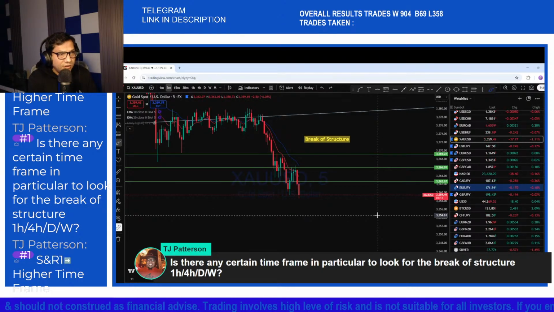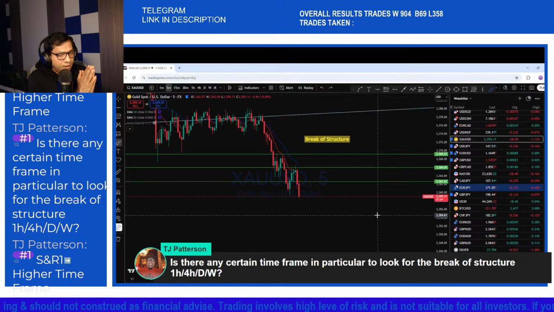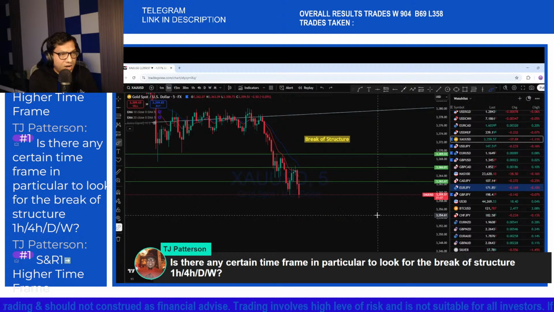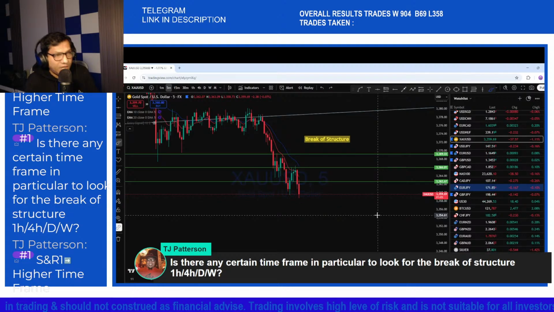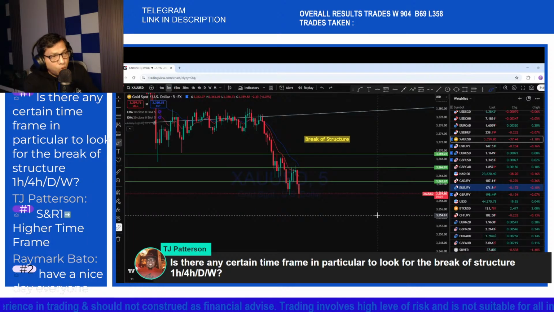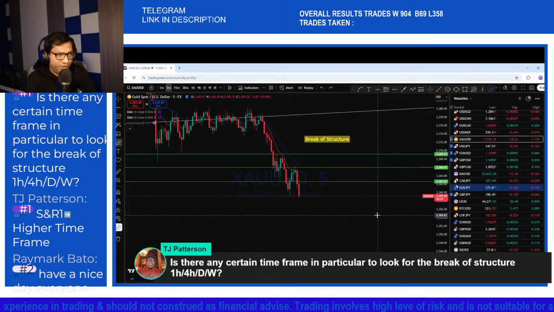That means trade from the lower time frame in the direction of the higher time frame on a pullback on the lower time frame. Are you getting my point?